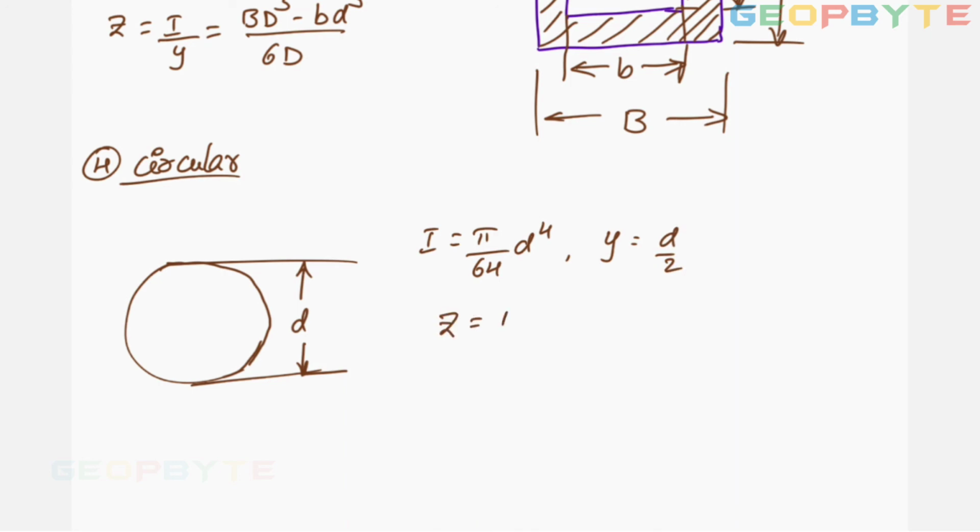Z equal to I by y. Simplifying these two values, we get pi by 32 into D cube. This is the centroid G, and this is equal to y.